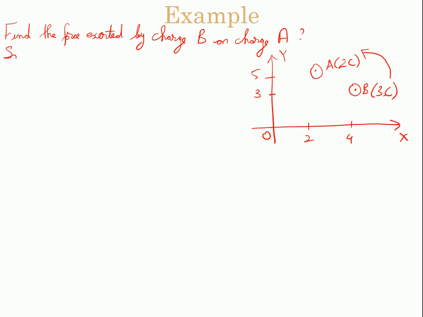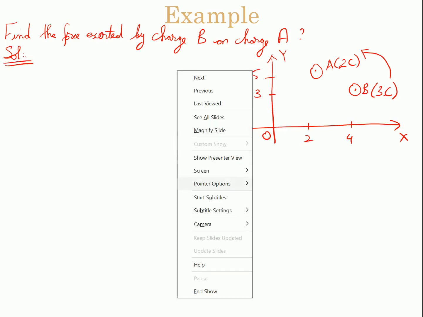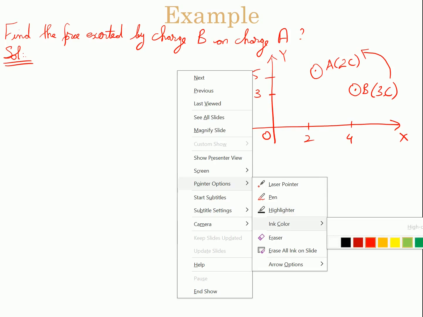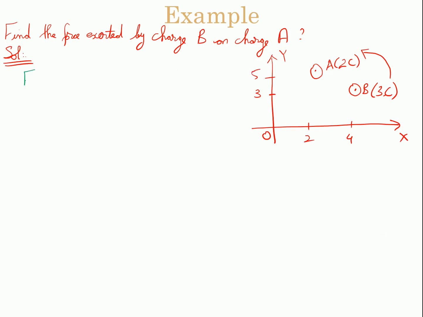So let us complete this graph. Basically we want to find the force applied by B on A. So this is one form of representing the F vector with its subscripts, or we can also write it as F of A. So both of these subscripts are acceptable. So force on A due to B is, we know, going to be K q1 q2 divided by r square into unit vector A of r.